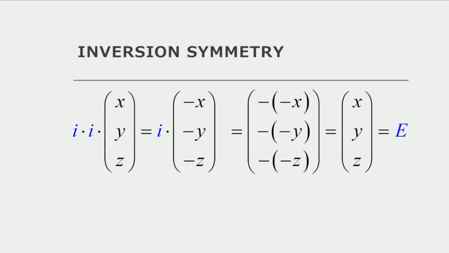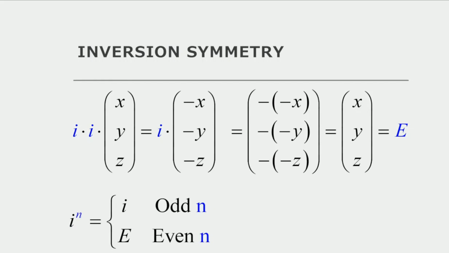So if you do the operation again, it becomes negative of negative x, negative of negative y and negative of negative z. That leads to the identical configuration. Thus applying the inversion twice leads to the identical configuration, or I squared is equal to identity.